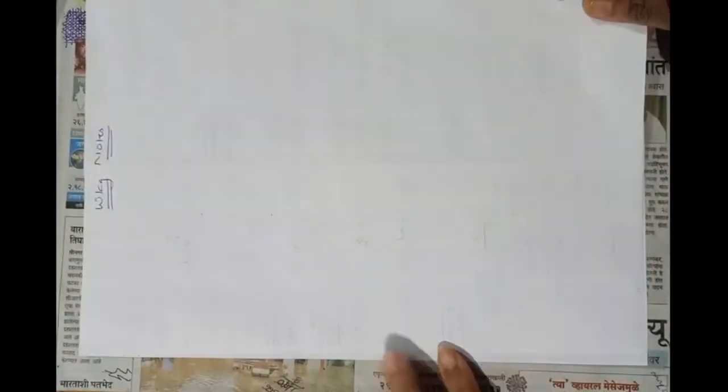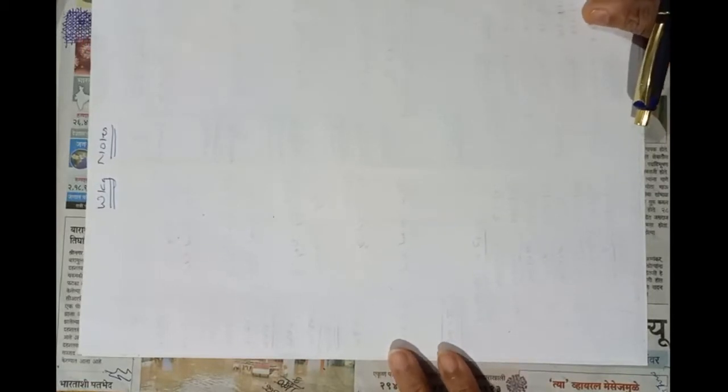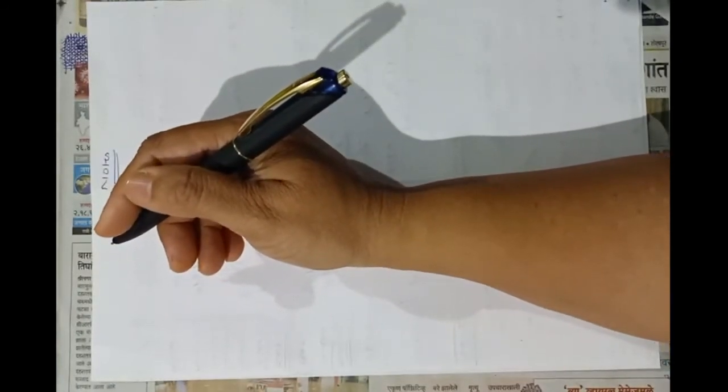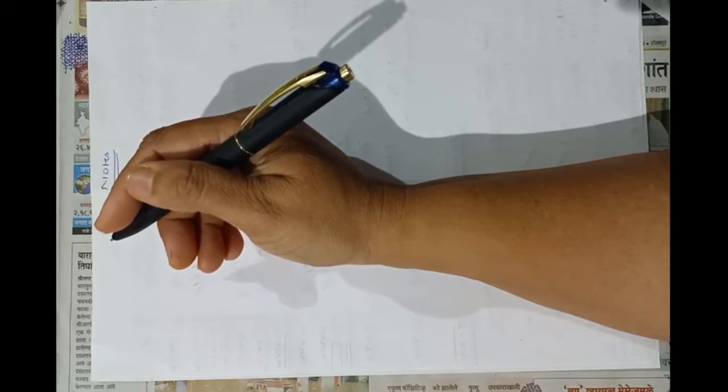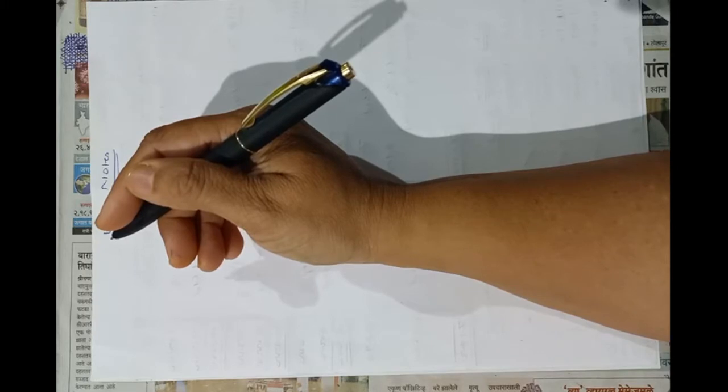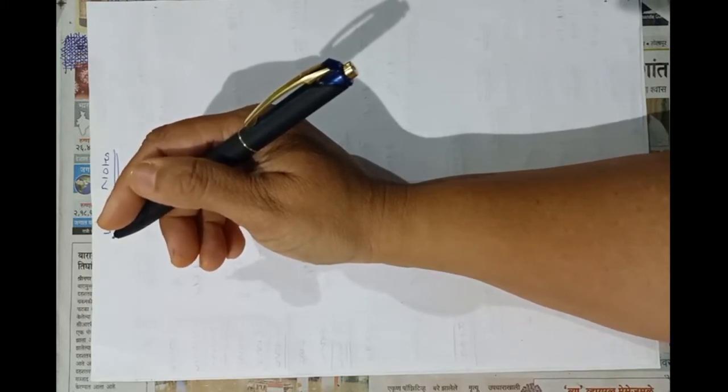Here I have prepared the machinery account. I will do the working note here. First we have to calculate depreciation till the date 31st December 2019 following the first method, that is straight line method, original cost method.